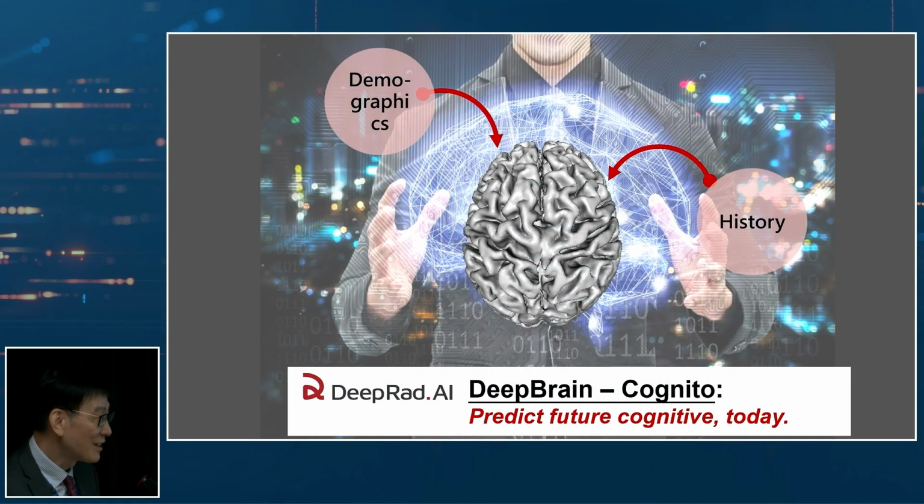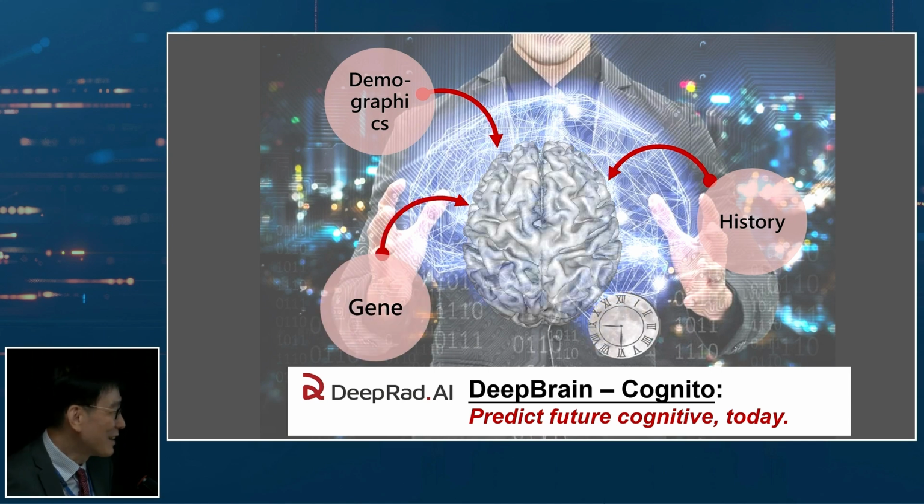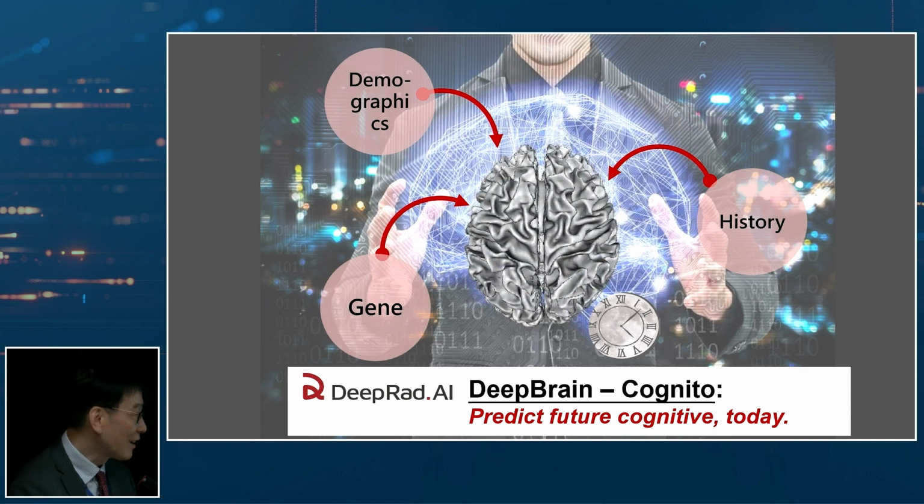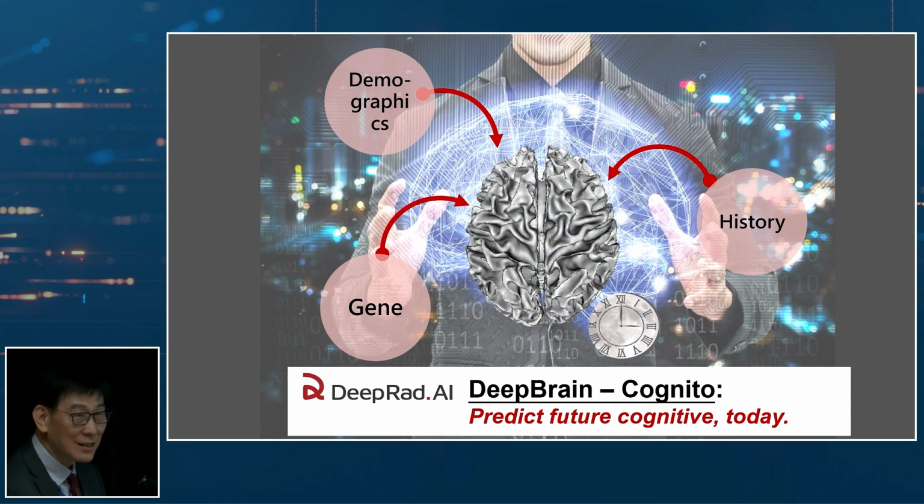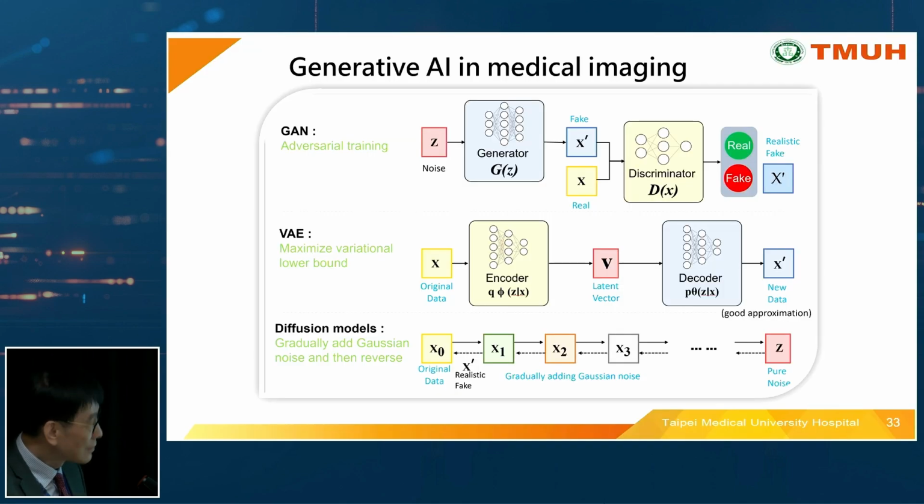Please use our product, Deep Brain Coordinator. We use generative AI to produce a 4D brain predictive model. This is generative AI, as I just heard about SweepMR, they use noise to produce enhanced imaging, probably something related to GAN or a diffusion model, I don't know.